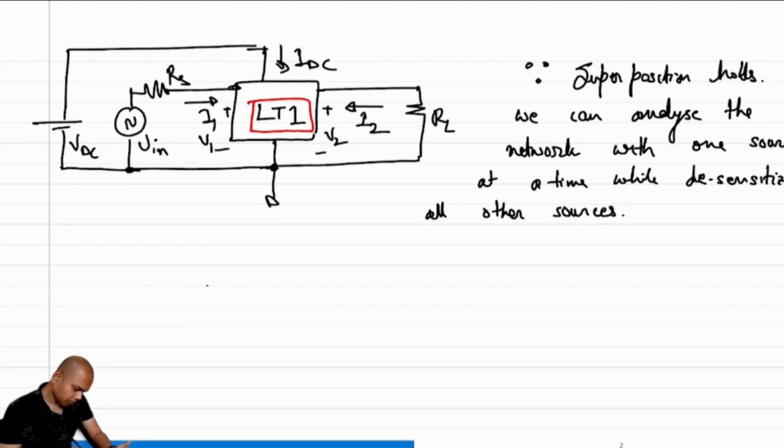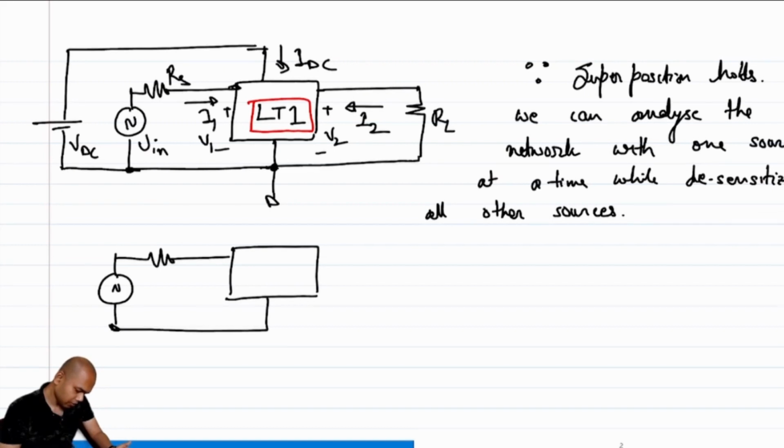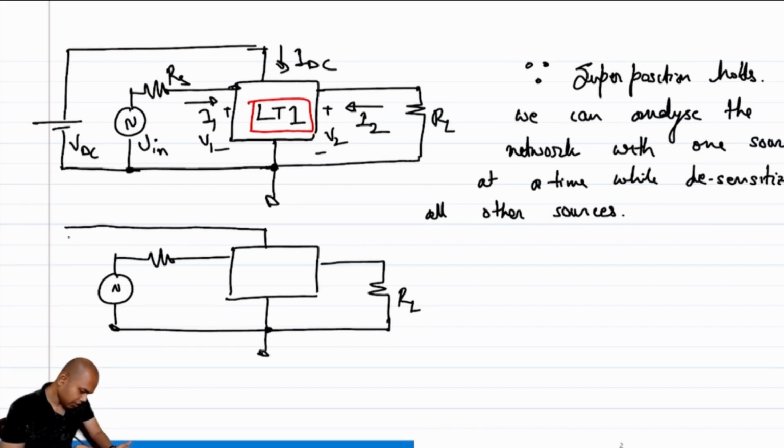So let's start off by saying that we will desensitize VDC. If we desensitize VDC, VDC goes to 0, which means this becomes a short circuit.